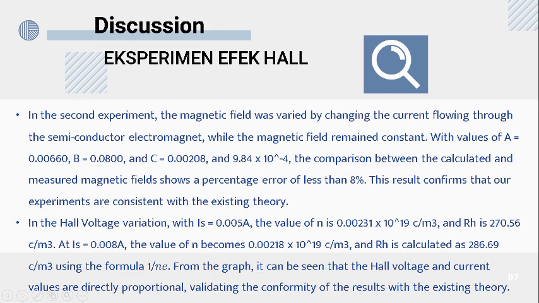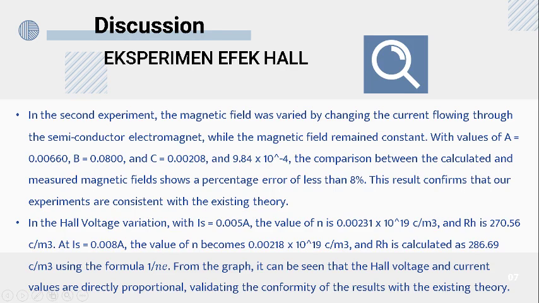From the graph, it can be seen that the Hall voltage value and current strength are directly proportional, validating the compatibility of the result with existing theory.